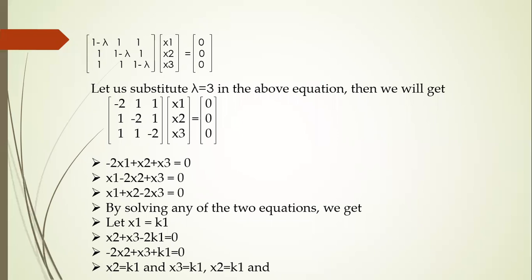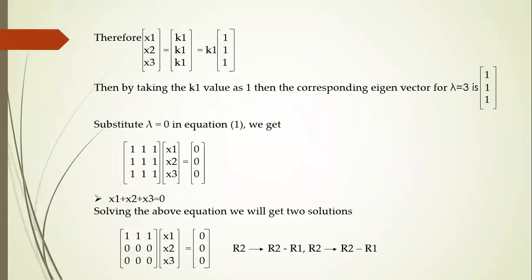Moving on to the next slide. Therefore, [x1, x2, x3] equals [k1, k1, k1], which is k1 times [1, 1, 1]. Taking the k1 value as 1, the corresponding eigenvector for lambda equals 3 is [1, 1, 1].